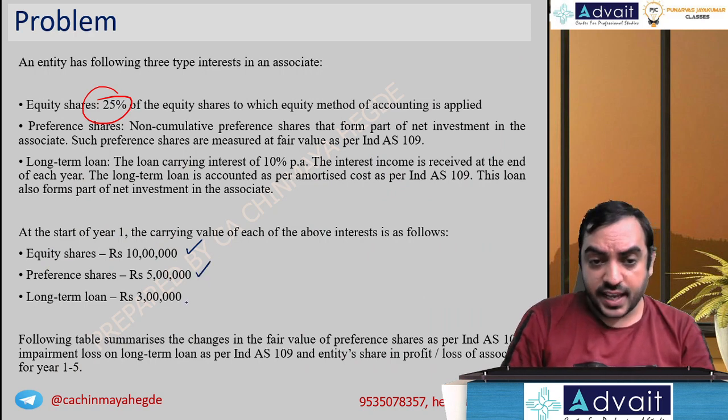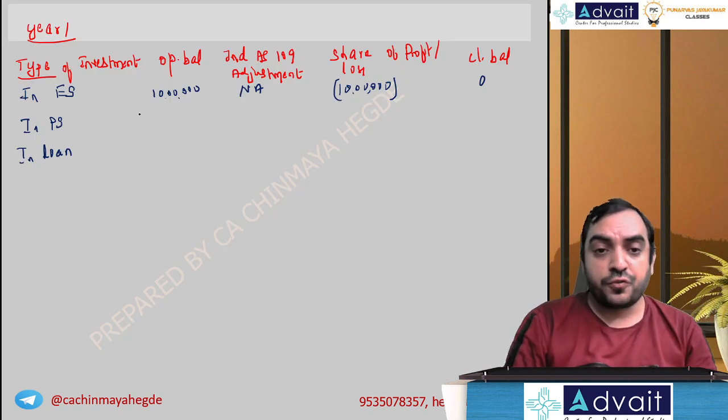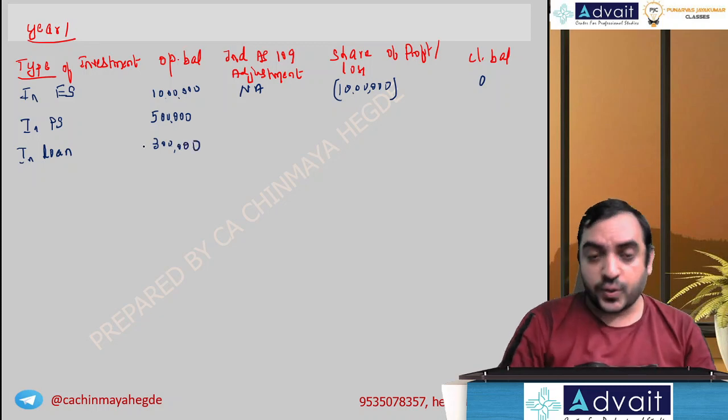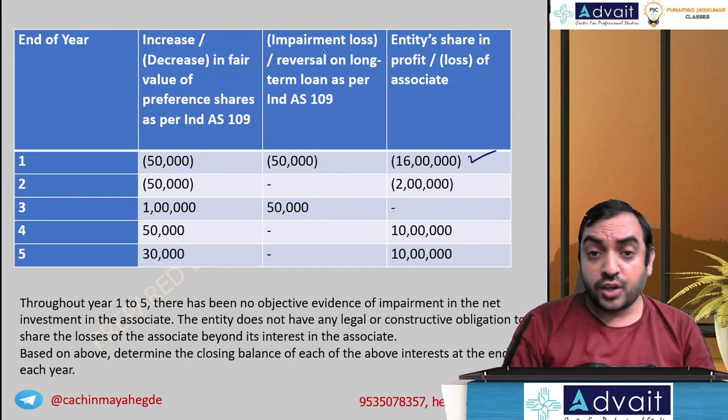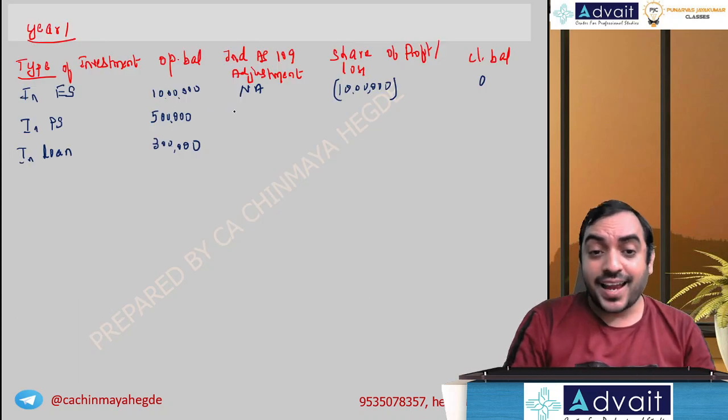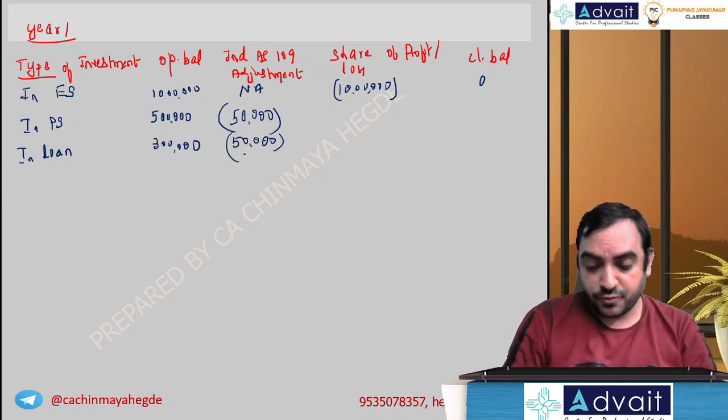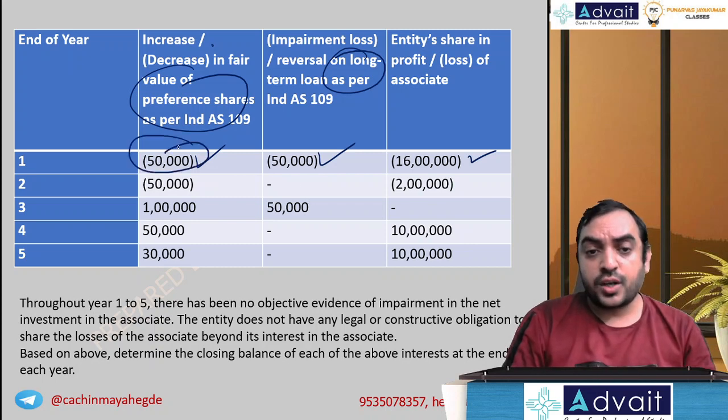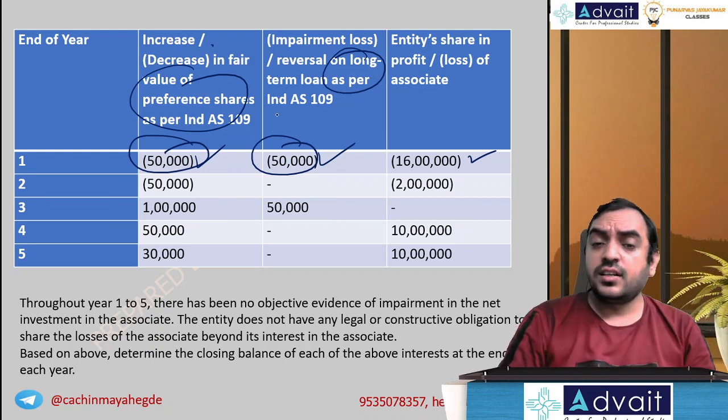Balance amount is 5 lakh and 3 lakh. Now Ind AS 109 adjustment: for preference shares 50,000 loss adjustment, for the loan also 50,000 impairment adjustment. Subtract minus 50,000, minus 50,000. Hope you understand.